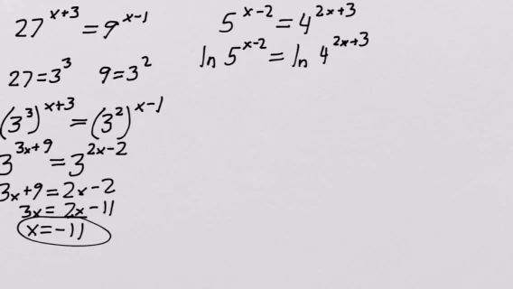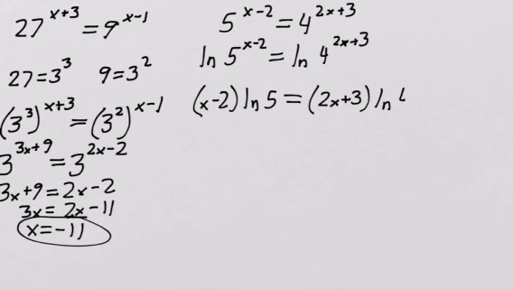And now, following the rules of logarithms, I get x minus 2 times the natural log of 5 is equal to 2x plus 3 times the natural log of 4. I can go ahead and perform the distributive property here.